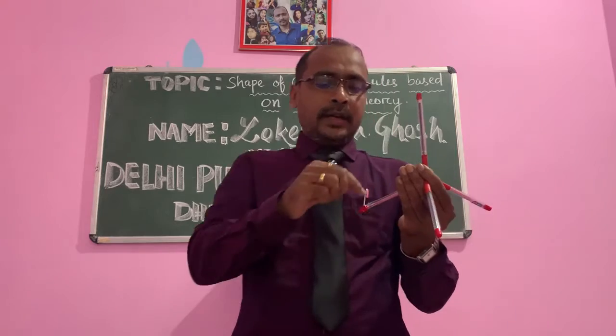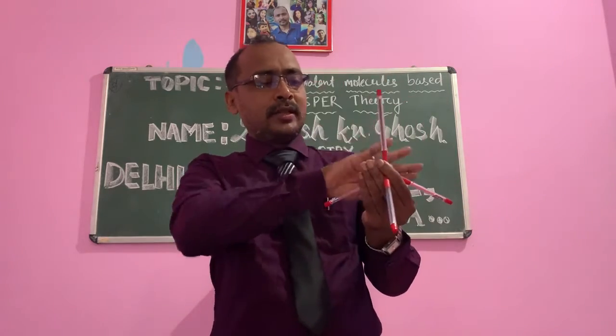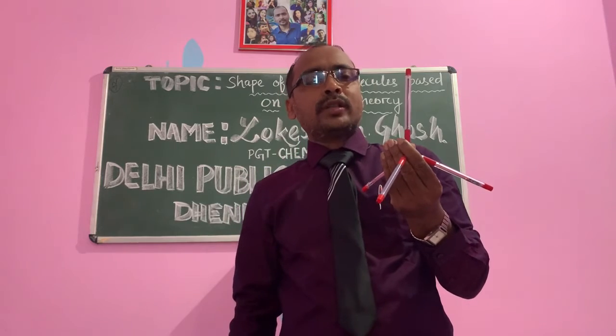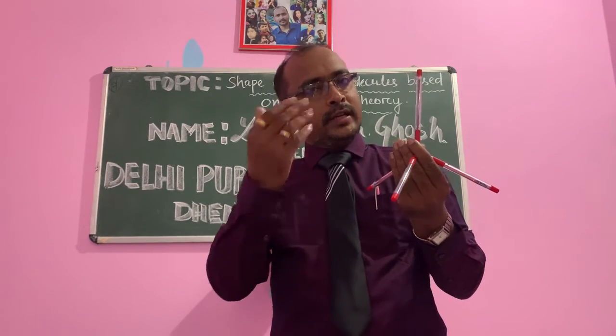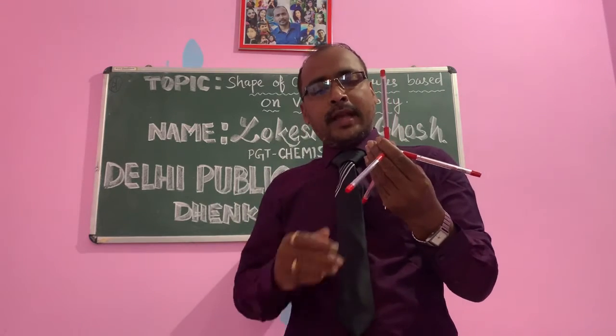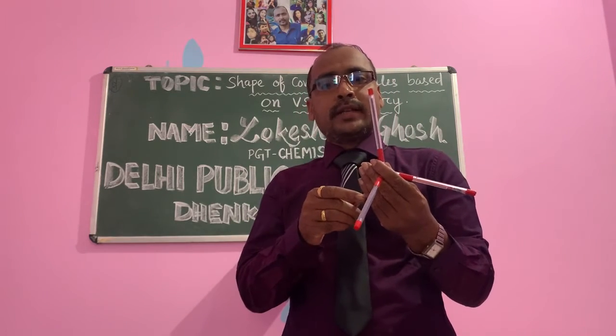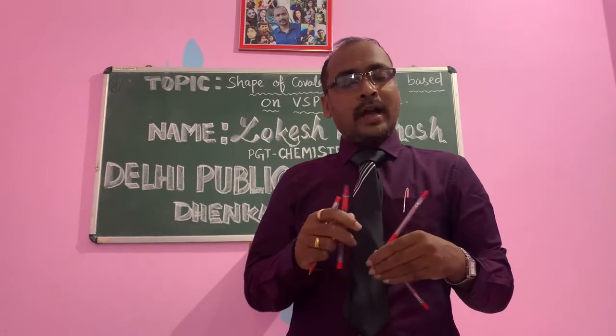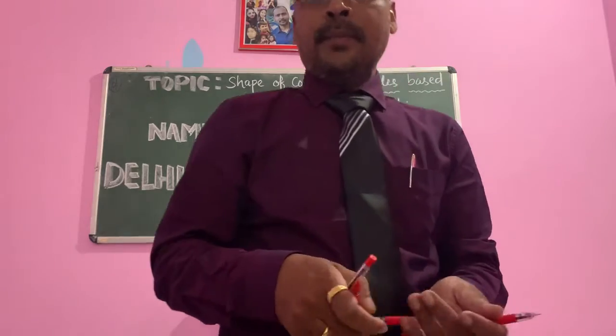Tetra means 4: it has 4 faces. The bond angle is 109.5 degrees, or 109 degrees 28 minutes. The hybridization is sp3, and examples are CH4, CCl4, SiCl4, etc. So this is the third type. And next, AB5 type.